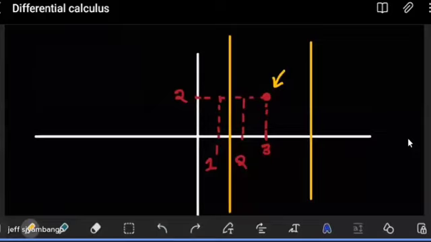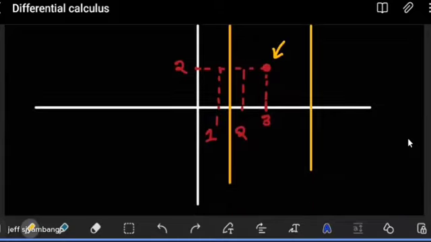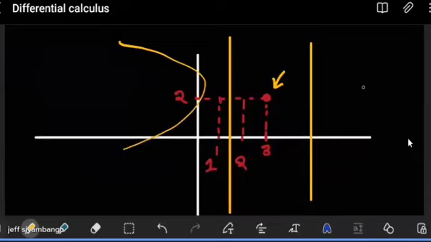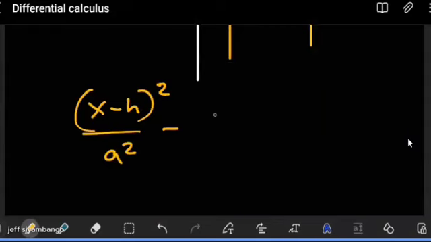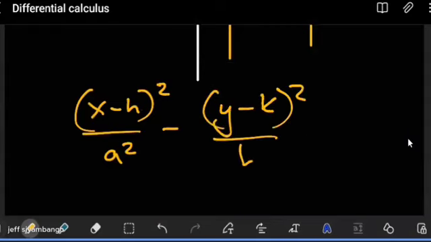They are opening sideways, to the left and to the right. To get the equation for a hyperbola that opens sideways, the positive one is the x term. So we have (x minus h) squared over a squared minus (y minus k) squared over b squared equals 1.